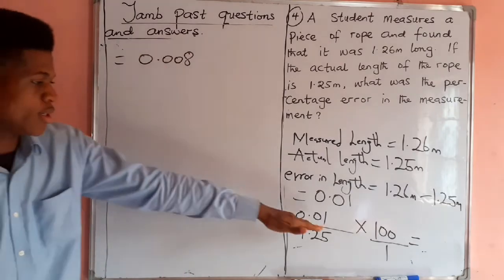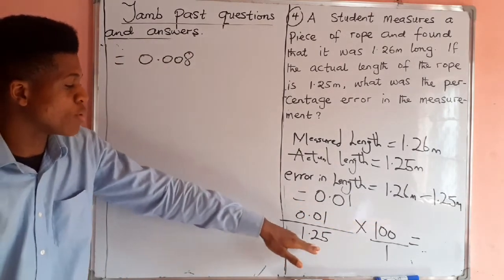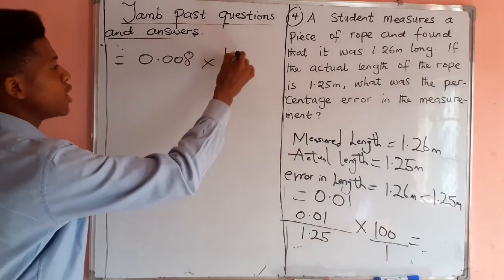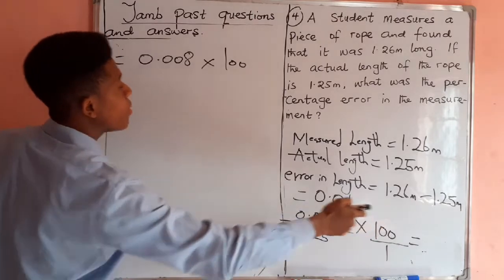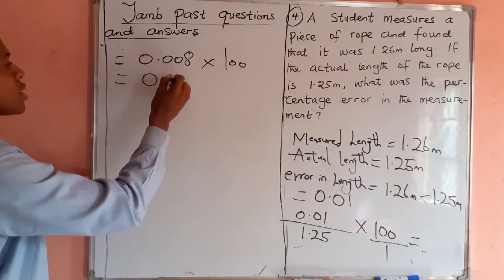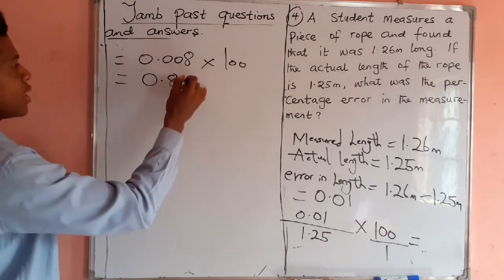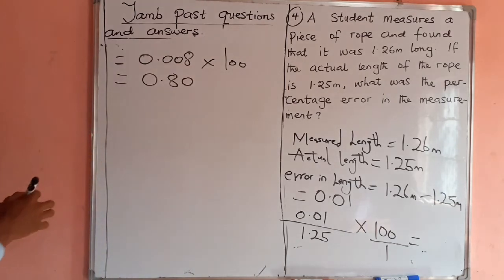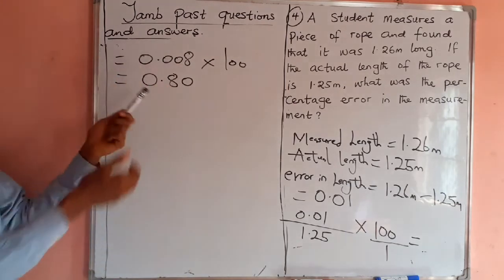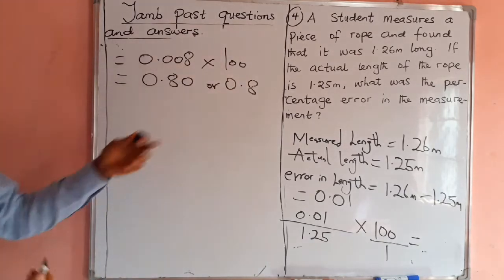Yes, I did it wrong there; I'm supposed to divide this. 0.008 multiplied by 100 gives 0.8. 0.8 is still the same thing. Any one you choose.